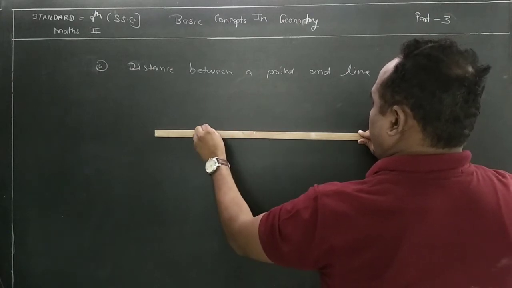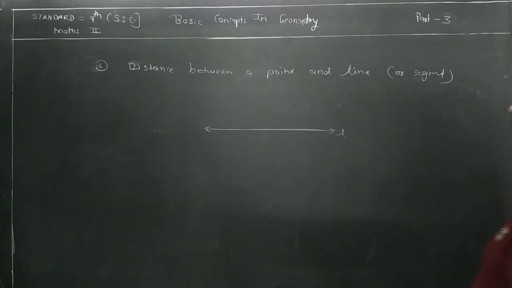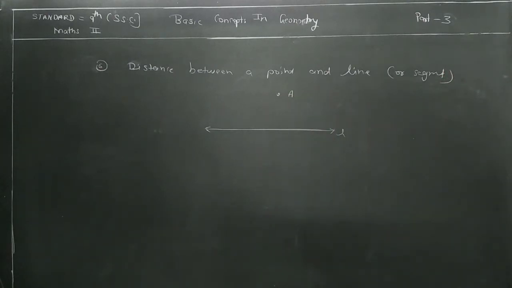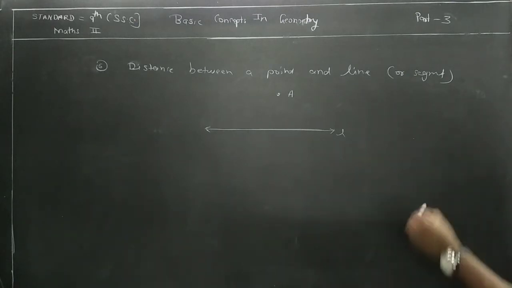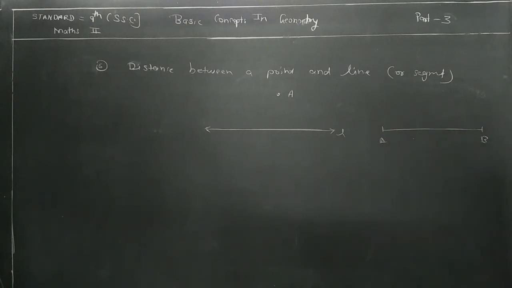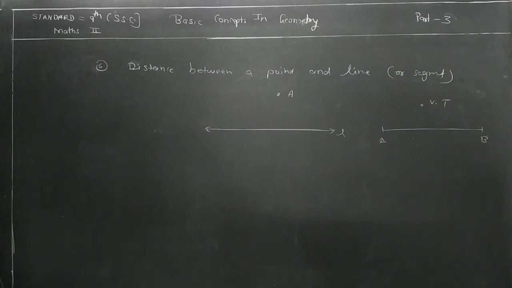So this is a line L, and a point A is there. If you take our example, this is Bhayandar station, and we are located over here. This is Vivek Tutorials. Suppose anybody asks me what is the distance between Vivek Tutorials, this point, and the station line?